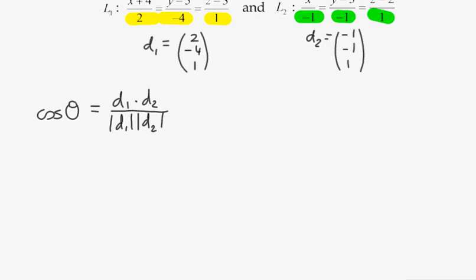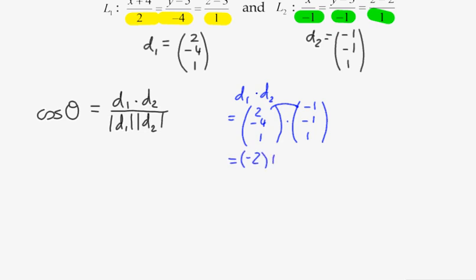If we know where we're aiming for, then we can spend a little bit of time working out all those different things. First of all, the scalar product, d1 dot d2, is equal to (2, -4, 1) dot (-1, -1, 1), which is the product of the x terms, -2, plus -4 times -1 is 4, plus 1.